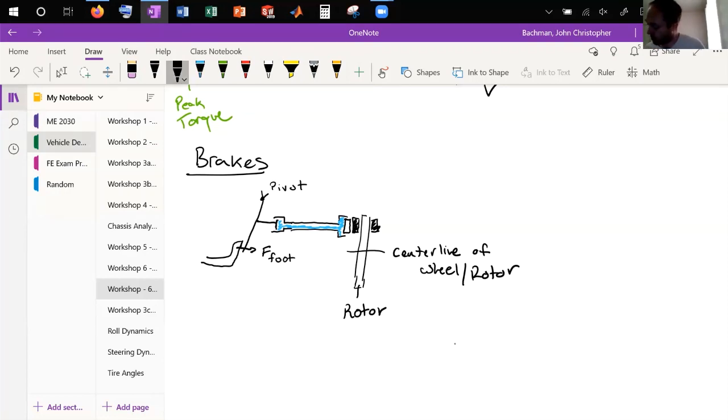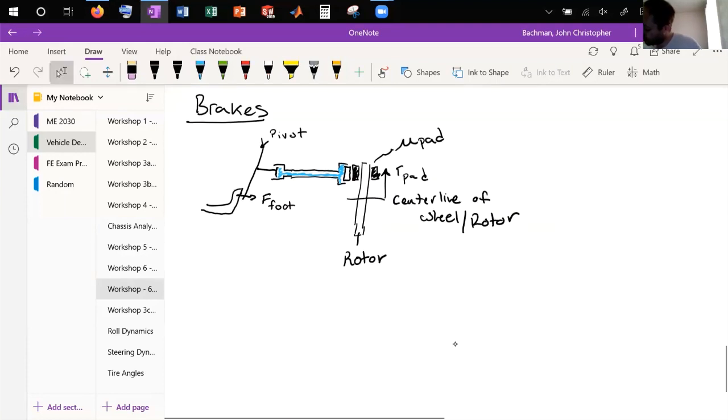A couple of things that matter here are the radius to the calipers, or rather, let's be more specific, the radius to the pads. The coefficient of friction between the pads and the rotor is also important.